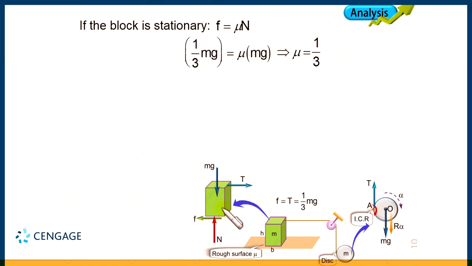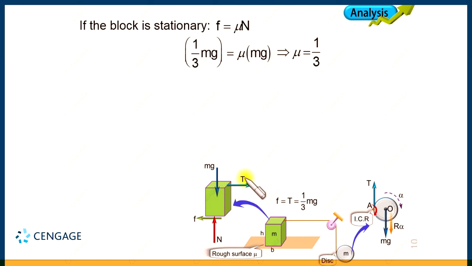That means you can observe a couple is acting on this block, and the value of the couple is equal to T multiplied by small h. Small h is the height, because the separation between these two parallel forces is small h. And this couple tries to rotate this block in the clockwise sense.